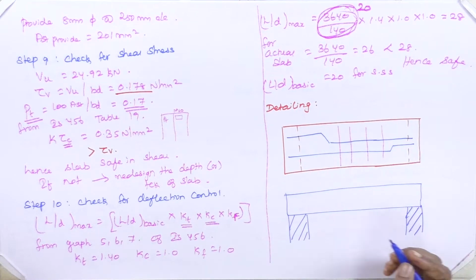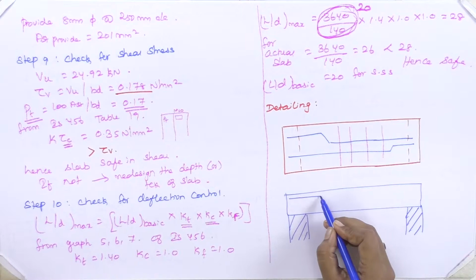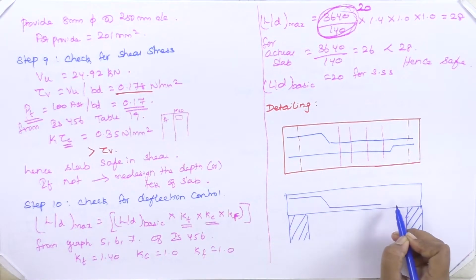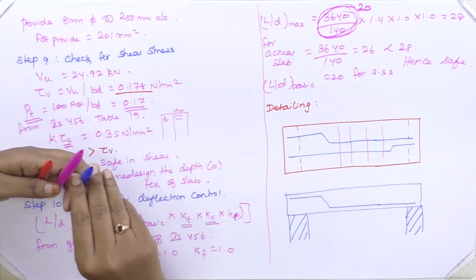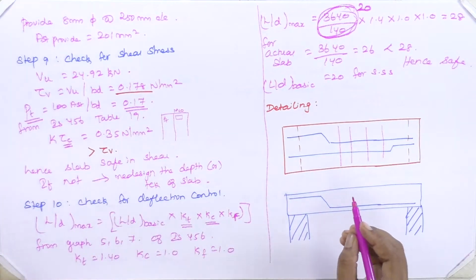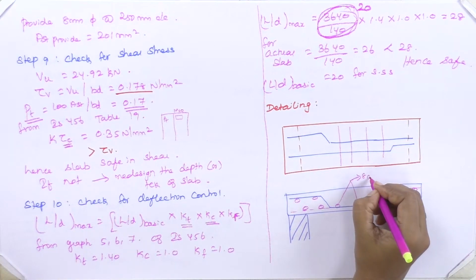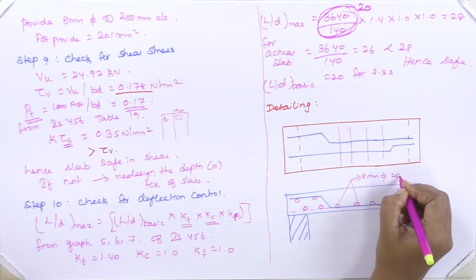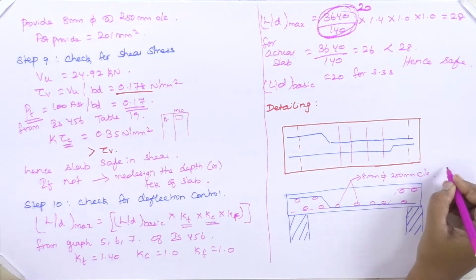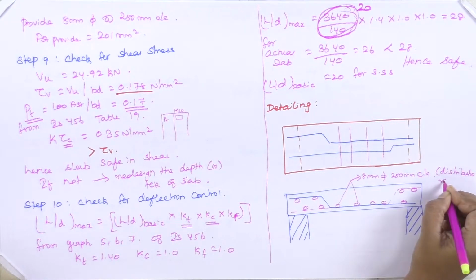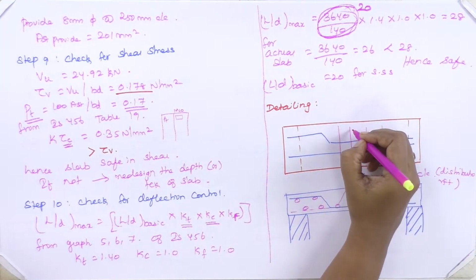This is my cross section. This reinforcement will be like this, and this is around 8 mm dia at 250 mm center to center. That is the distribution reinforcement.